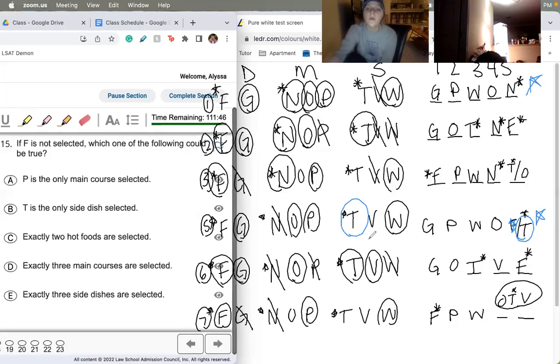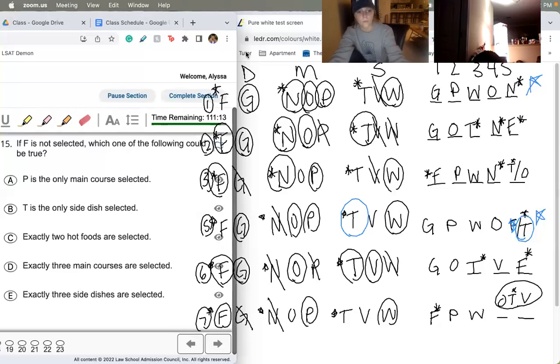Yes. The one thing I want to remind you is it's a could be true. So even though it's not happening in one world, it could happen in the other. But in both of these cases, both worlds don't work out. So in 5, you're right. Tea is not the only side dish. And it also happens in 1 where tea is not the only side dish. So it's important to check both of those worlds because it's at the same time.